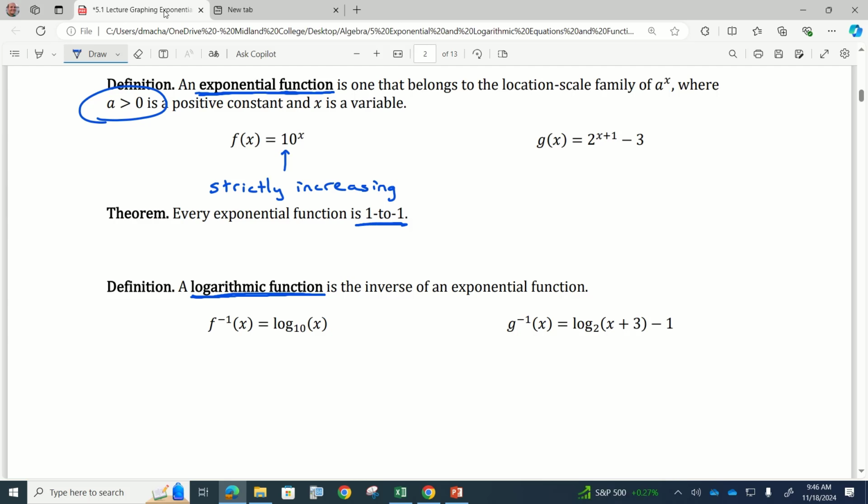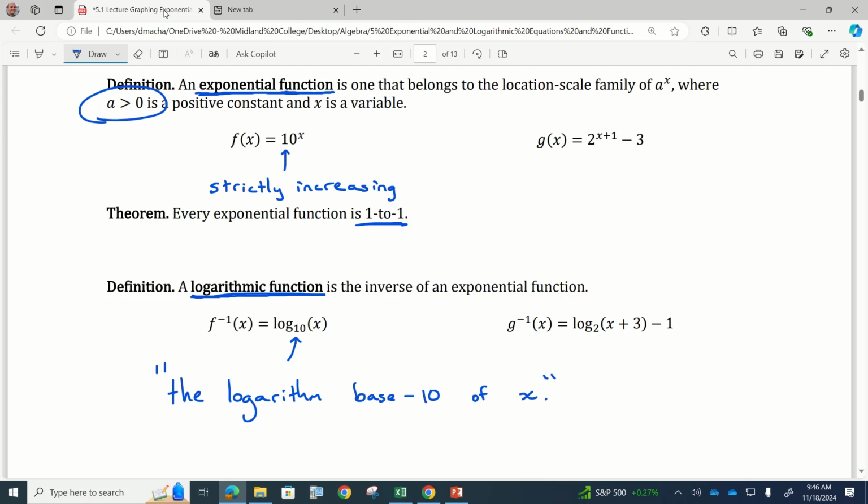So if you were to see this, the way you read this out loud is you say the logarithm base 10 of x.